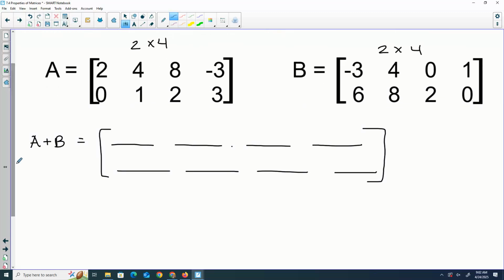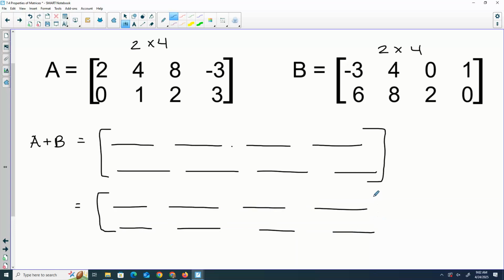If you didn't know what else to do, how do you think you would get A plus B? Any guesses what this first number might be? Go out on a limb and guess? -1. How'd you get it? By adding the ones that are in the same position.